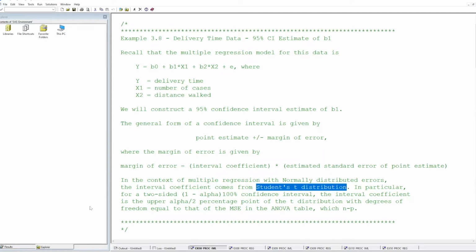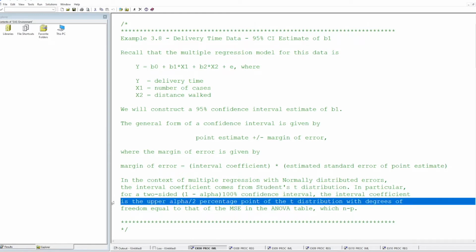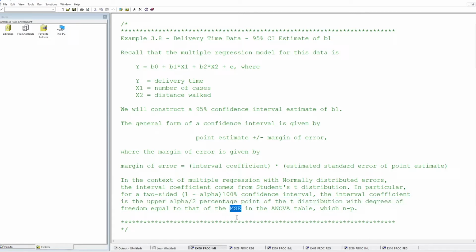In particular, for a 2-sided (1 minus alpha) times 100% confidence interval, the interval coefficient is the upper alpha over 2 percentage point of the t-distribution with degrees of freedom equal to the degrees of freedom associated with the MSE in the ANOVA table. We know that number of degrees of freedom is n minus p.